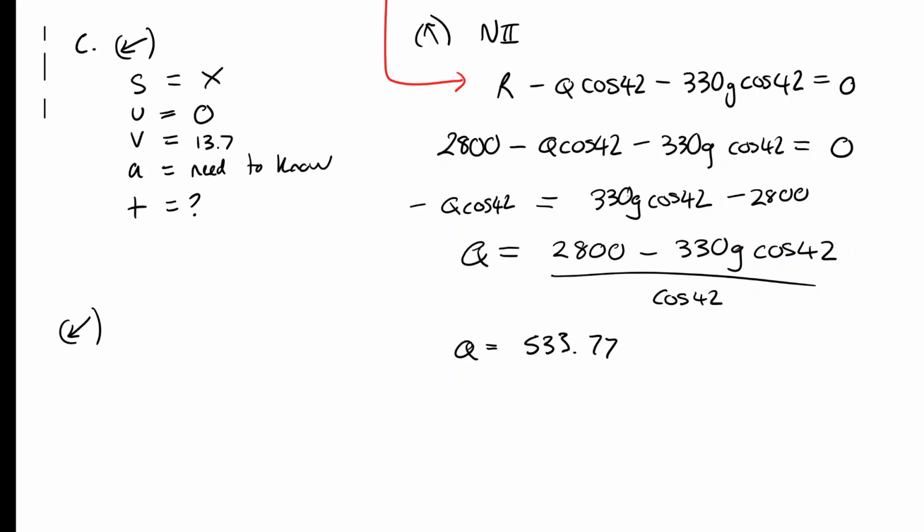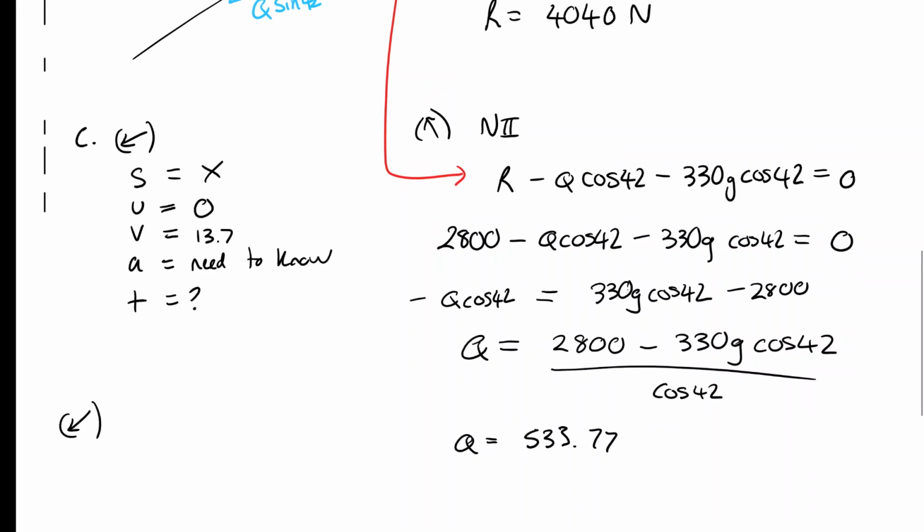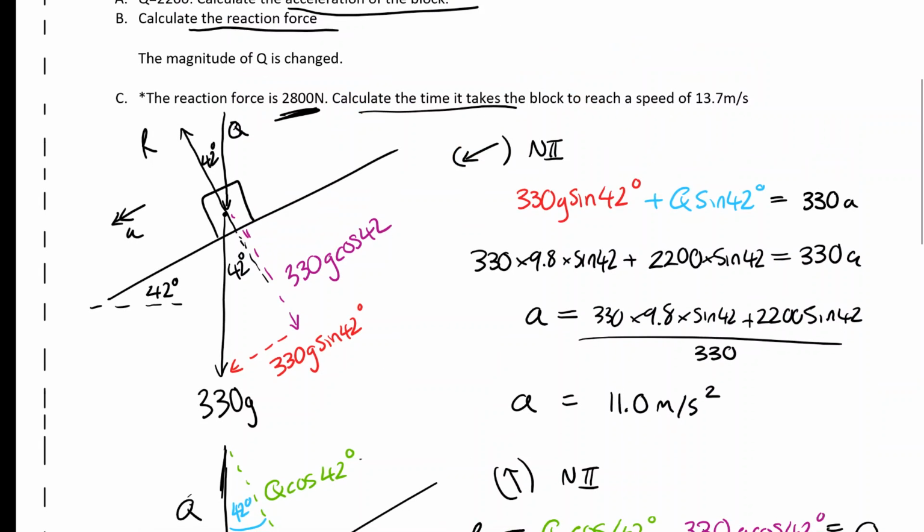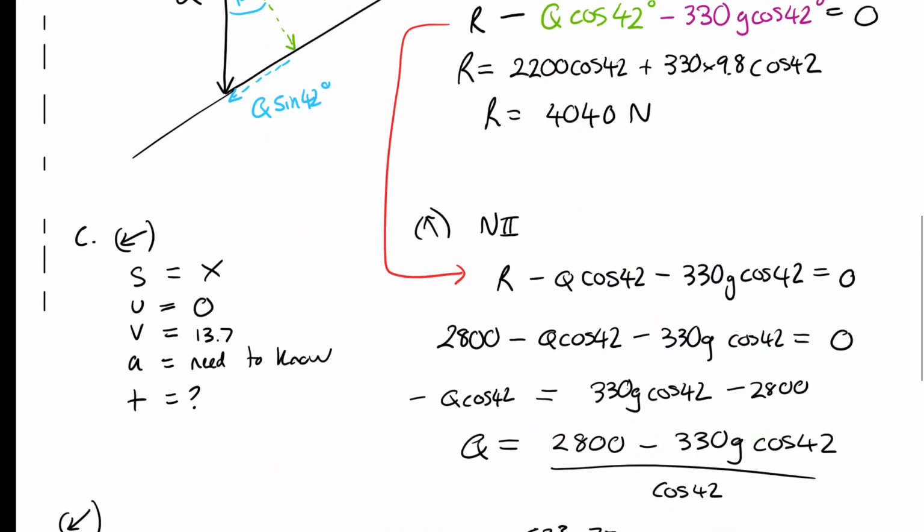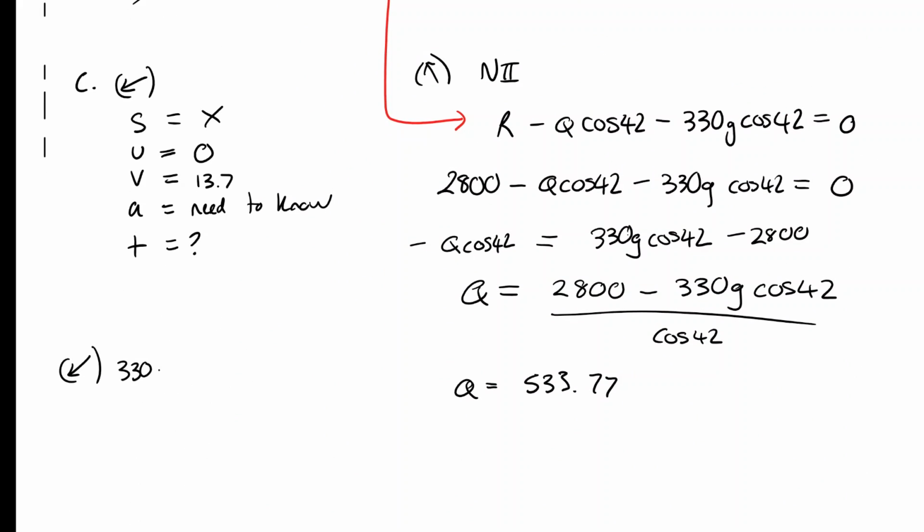So here we will have, if we look back at the original equation, 330g sine 42 plus q sine 42 equals 330a. Because it's still the same setup, we haven't removed any of those forces and we're still resolving down the slope. So 330g sine 42 plus q sine 42, and that's equal to ma, 330a.